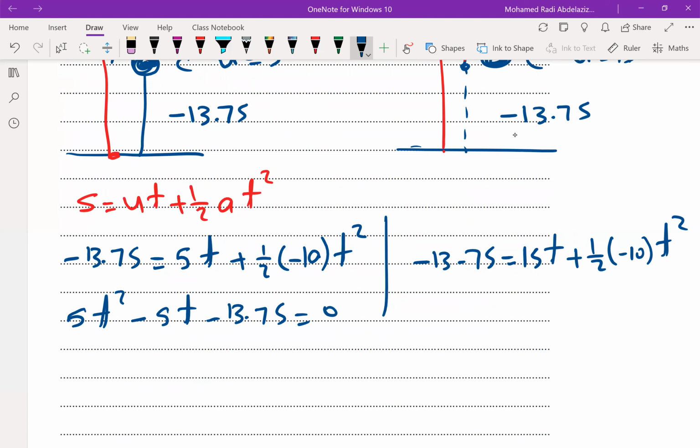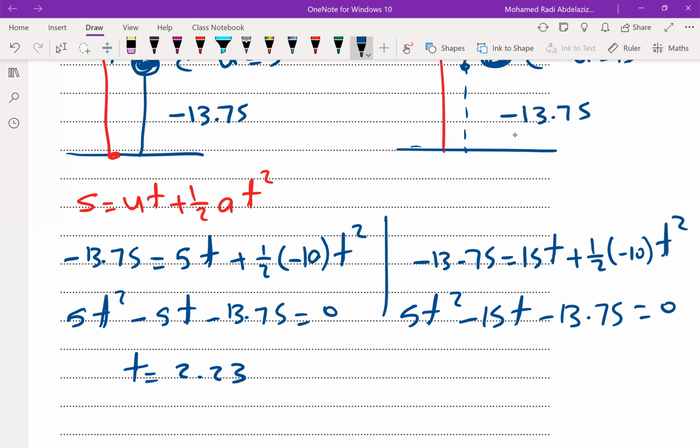By solving this equation, you will get two values for time, one positive and one negative. We'll use the positive one, so the time will be 2.23. And also this equation is 5t squared minus 15t minus 13.75 is equal to 0.